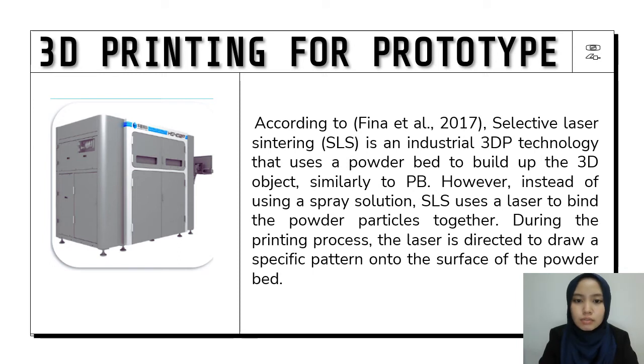However, instead of using a spray solution, SLS uses a laser to bind the powder particles together. During the printing process, the laser is directed to draw a specific pattern into the surface of the powder bed.